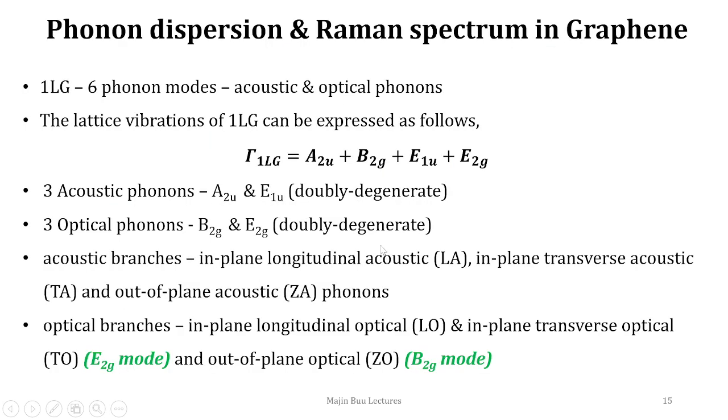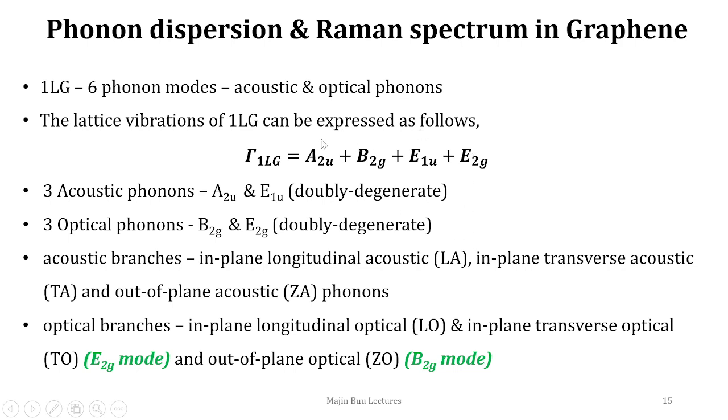Now, while that was with respect to the band structure, as far as the phonon dispersion is concerned, the one layer graphene is going to consist of six phonon modes, which are further classified as acoustic and optical phonons.